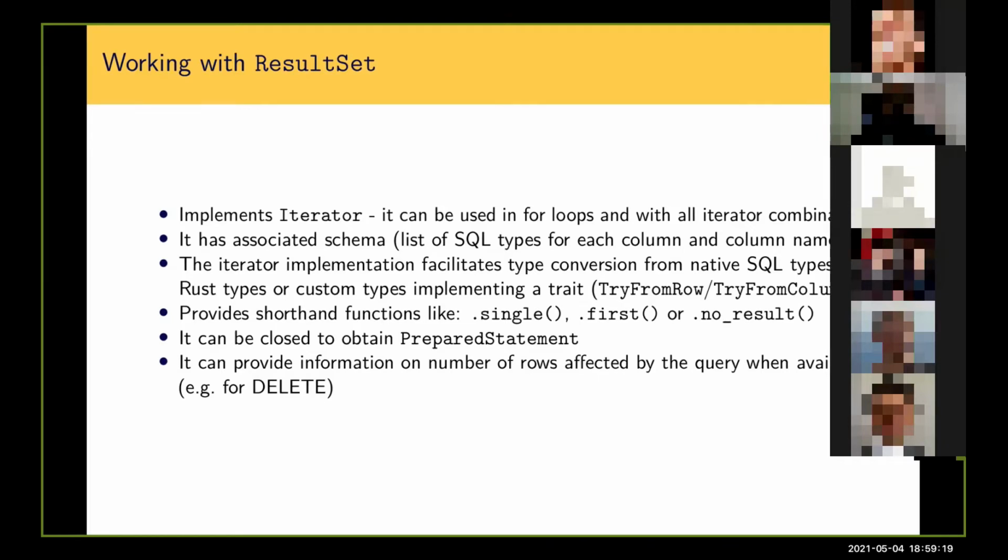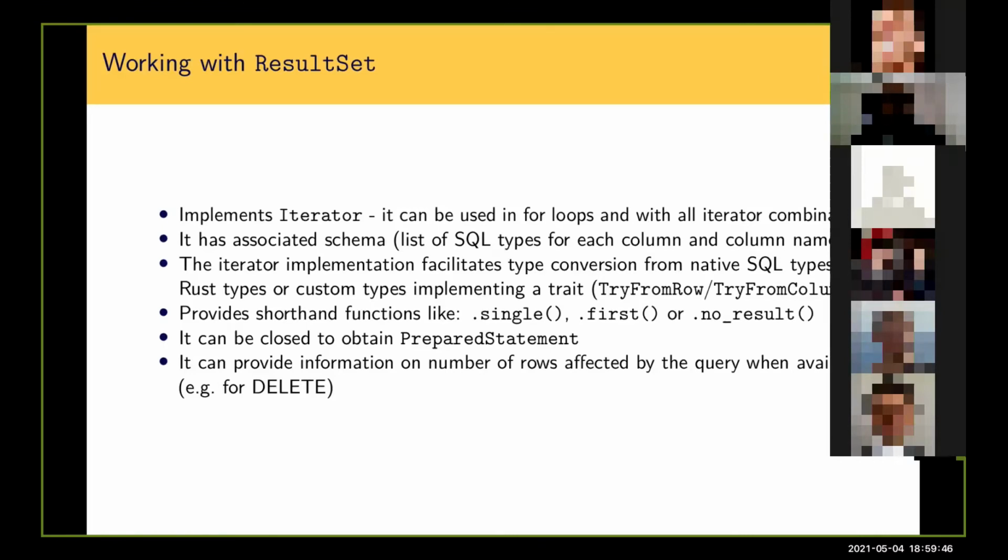Also, it supports type conversion as part of the interface, and I have created 2 traits for that. One, TryFromColumn, is responsible for decoding, or for asking the ODBC driver for the right type for the right Rust type. So if you ask for string, it will try to get a string out of the column.